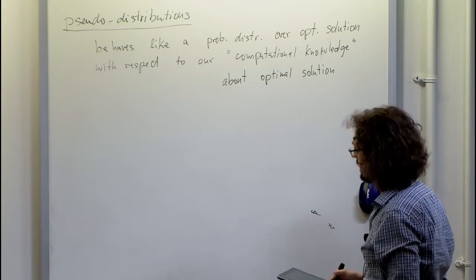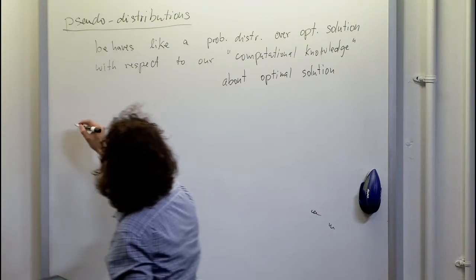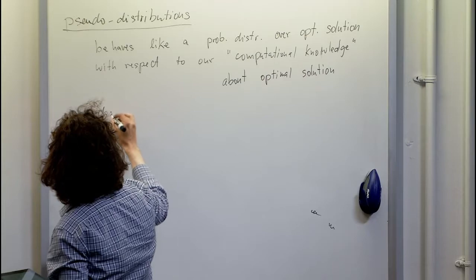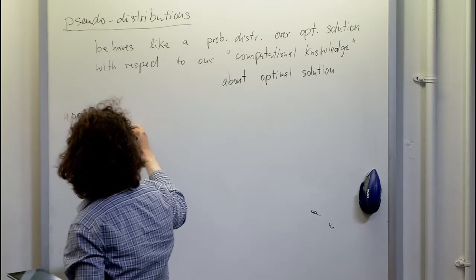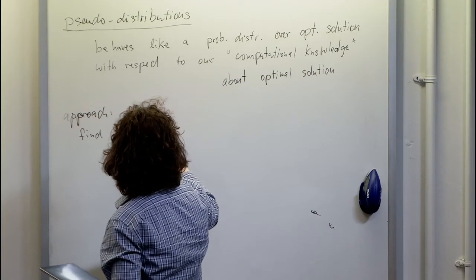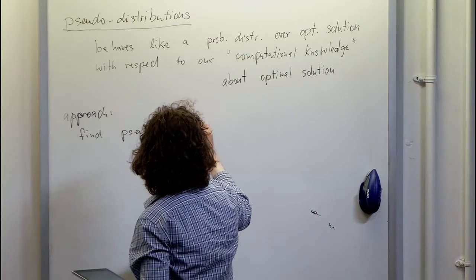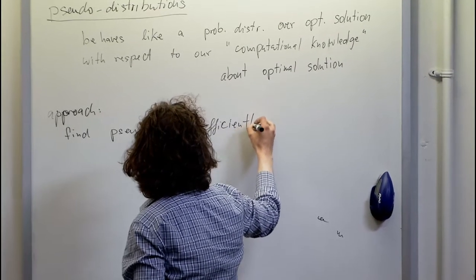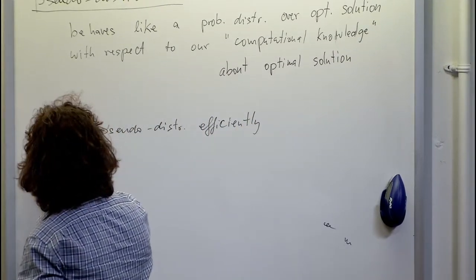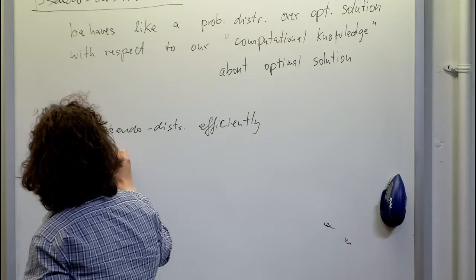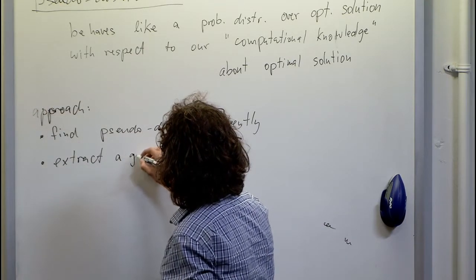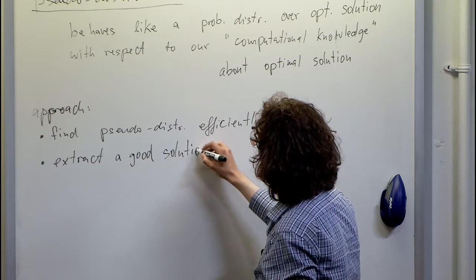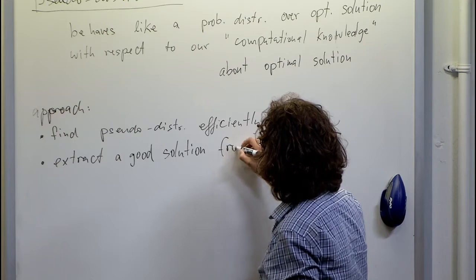And then, once we have this, the general approach will be: find a pseudo distribution efficiently, and then extract a good solution. It might not be an optimal solution, but the goal is to still be able to get a good solution from this pseudo distribution.